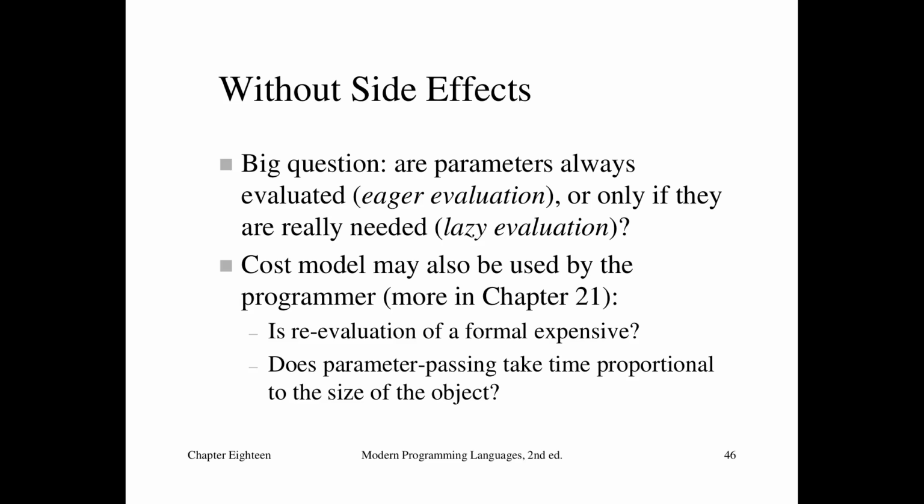These are things we have to be worried about, and when we talk about cost models during the prologue section, we'll talk about why reevaluation can be expensive or not, and whether or not parameter passing will take time proportional to the size of the object, right?